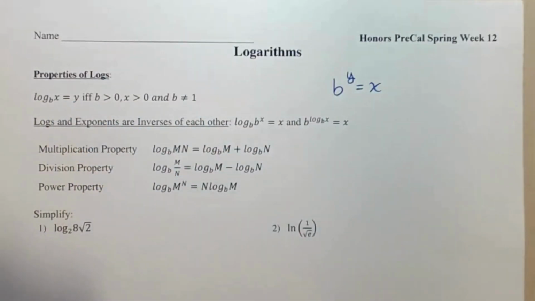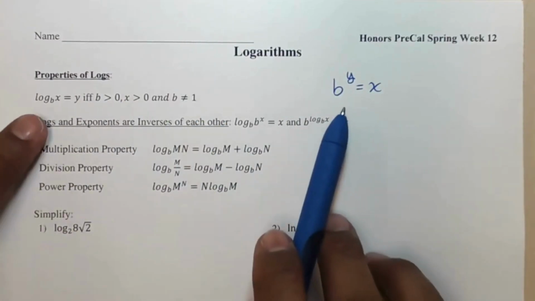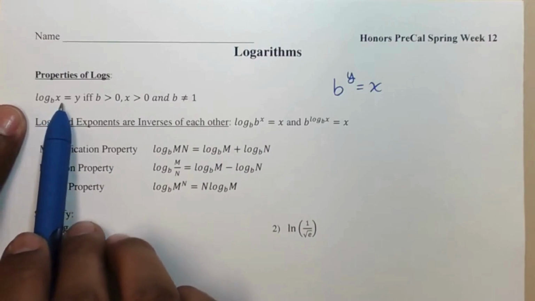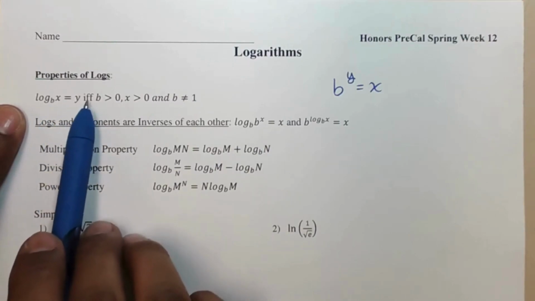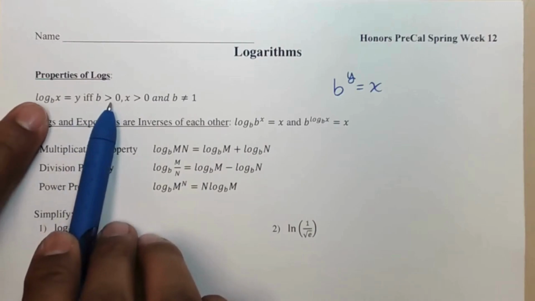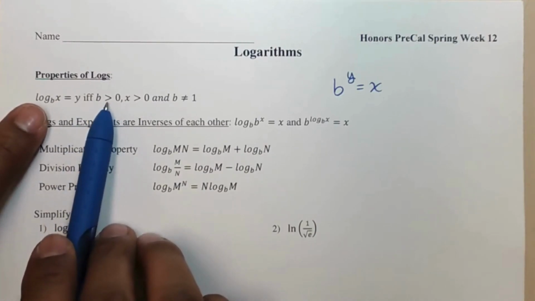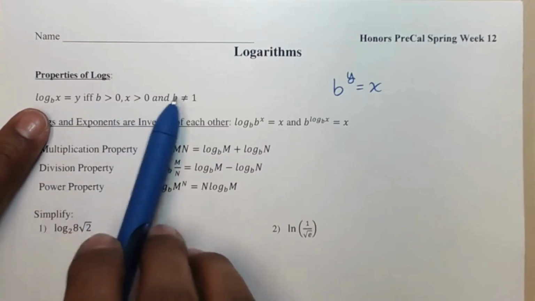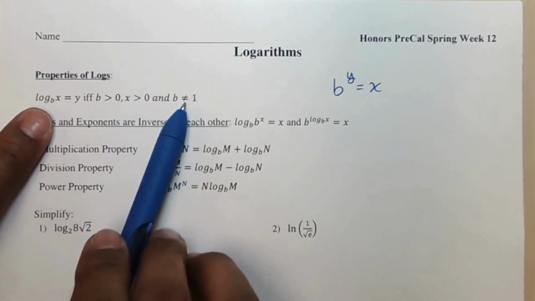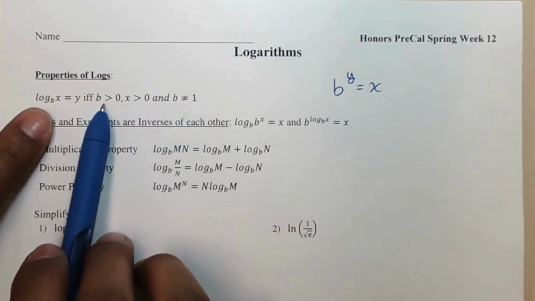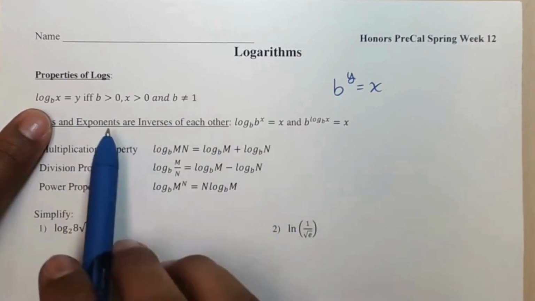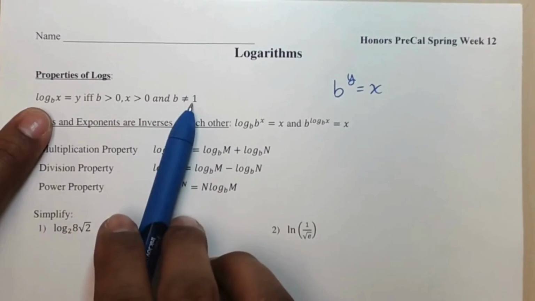Notice that logarithms have a base, this little subscript here, base b, so it's log base b of x equals y, if and only if b, that base, is positive, greater than 0, that number on the inside is also positive, and b shouldn't be 1. It can be between 0 and 1. It can be a fraction, but it can't be 1.